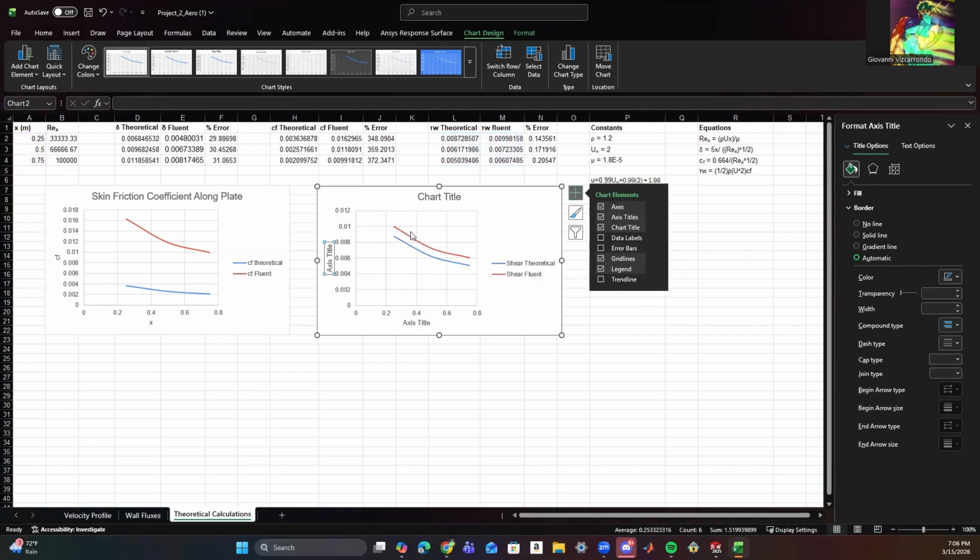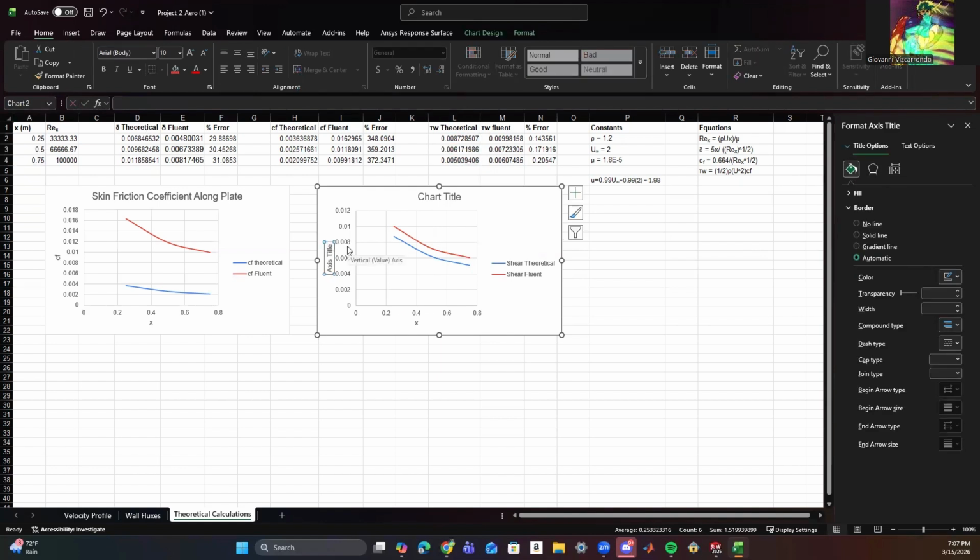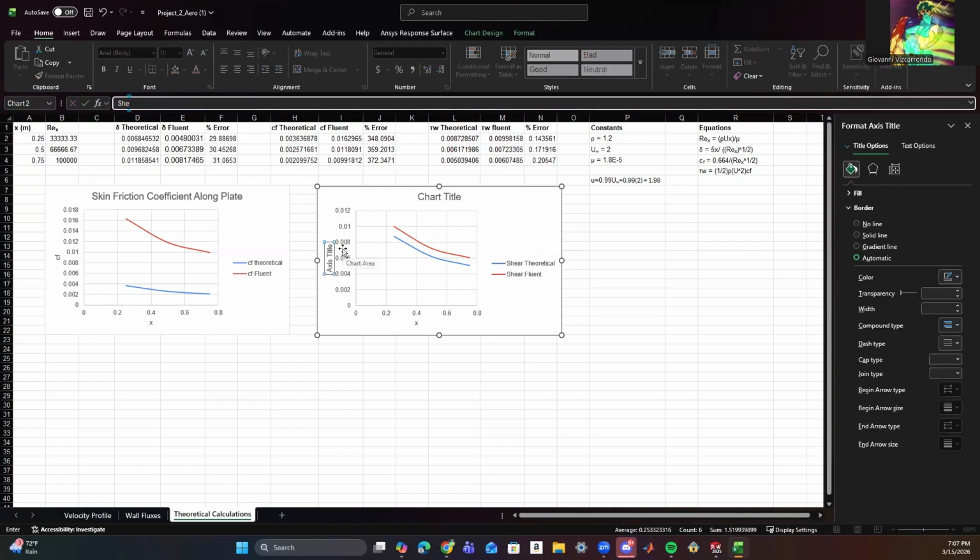Axis title and legend, X axis, so X here, wall here.